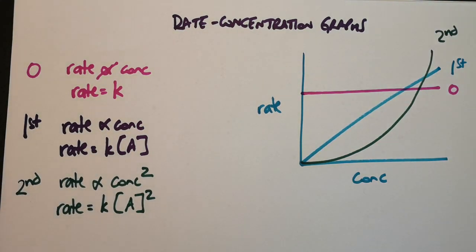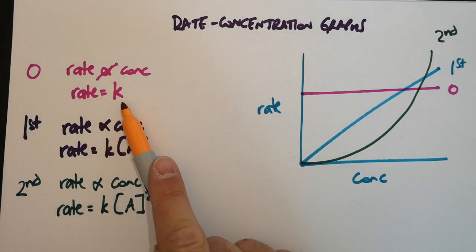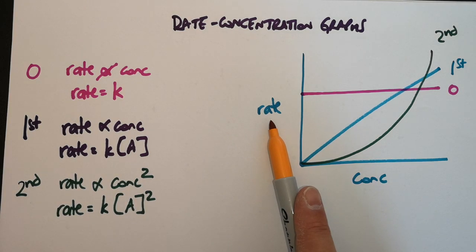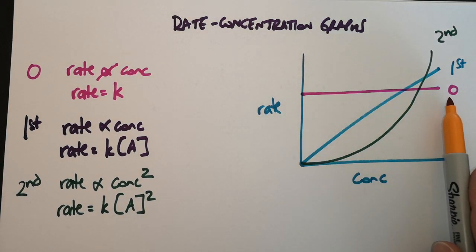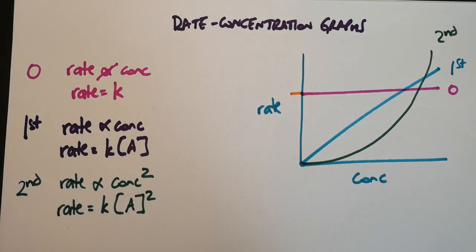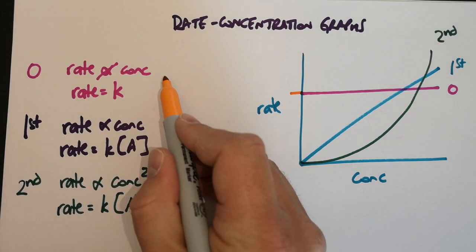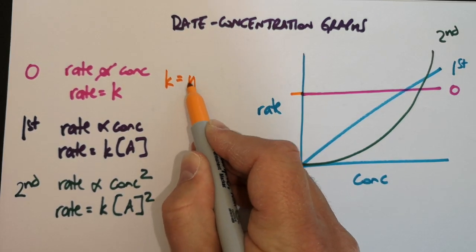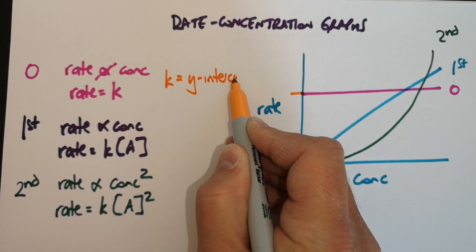Okay, now what you can do as well is you can use these graphs to actually calculate the rate constant. So if you look at the zero order, rate equals k. Well, we know the rate here, and it's always level. So actually in this case, the y-intercept there would actually be equal to k. So for zero orders, the value of k is the value on the y-intercept.